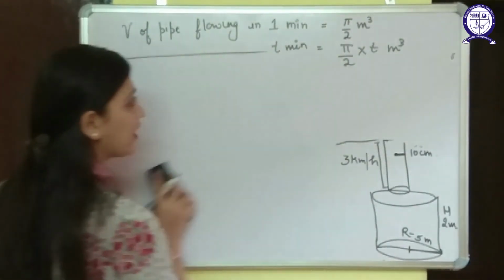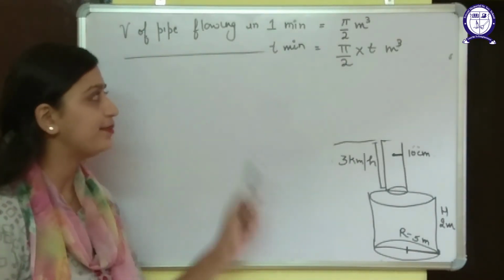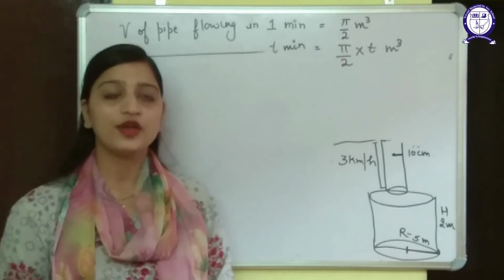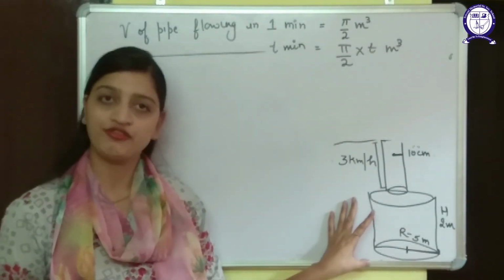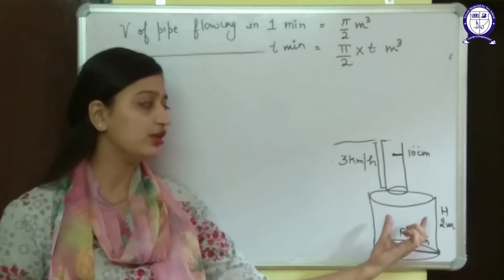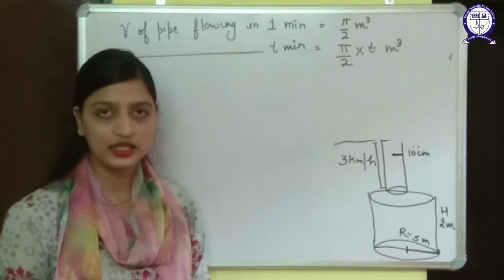And you can see that the volume of water flowing in the pipe in T minutes will be equal to the volume of the container, because in T minutes the container will be completely filled. So the volume of this container will be equal to the volume which is flowing in this pipe in T minutes.